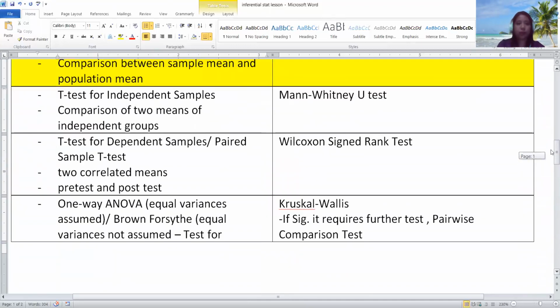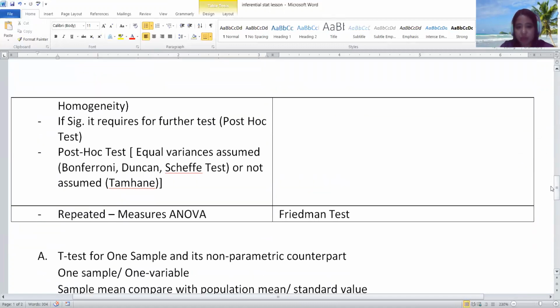And for t-test for dependent samples, we have only two correlated means. So if we have now three or more, then we're not going to use t-test for dependent samples, but we will use repeated measures ANOVA. And the counterpart in non-parametric is the Friedman test.